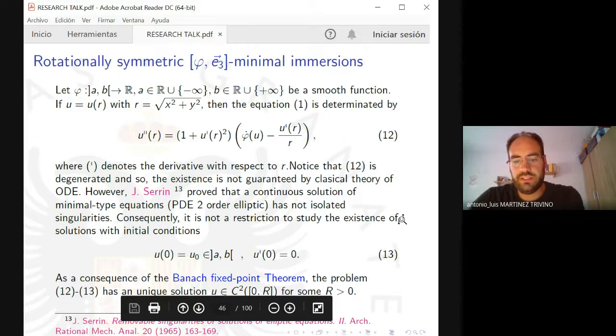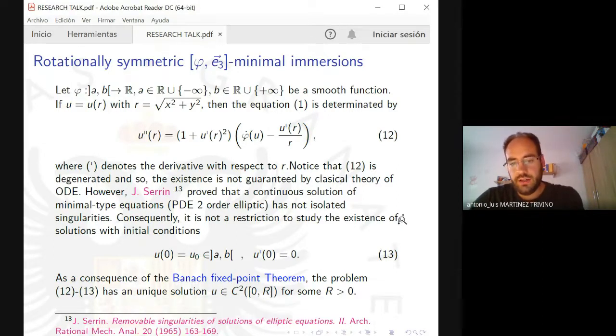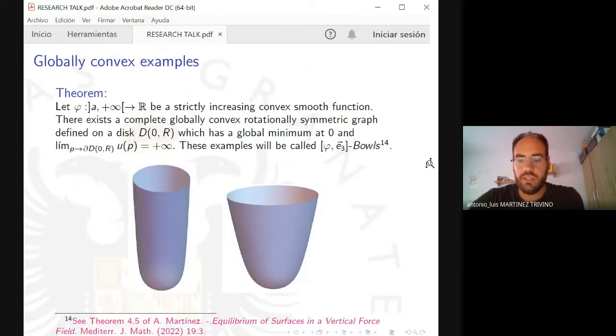However, as a consequence of the Banach fixed point theorem, we can guarantee locally the existence of a unique solution U of the previous Cauchy problem. Okay, so if we extend this solution using the classical prolongation theory of solutions, we obtain the following two results.